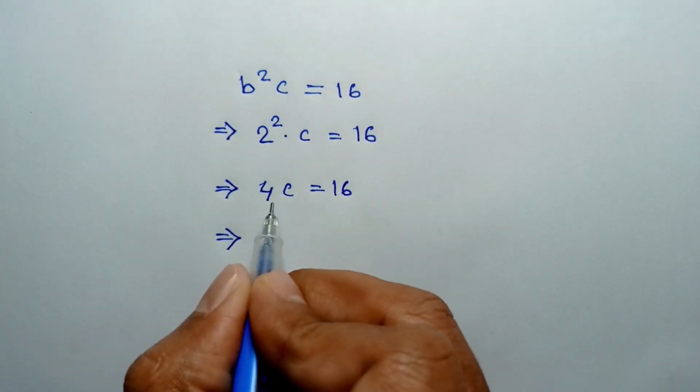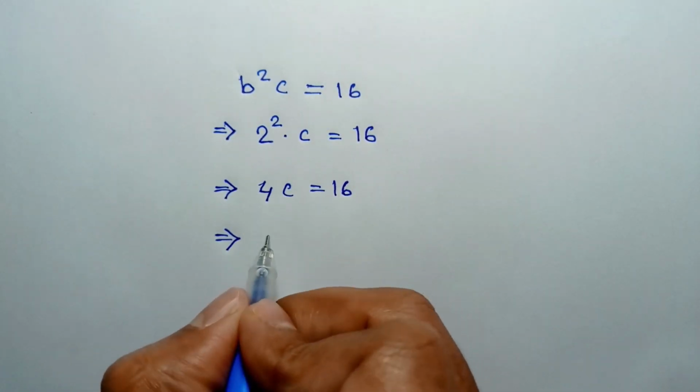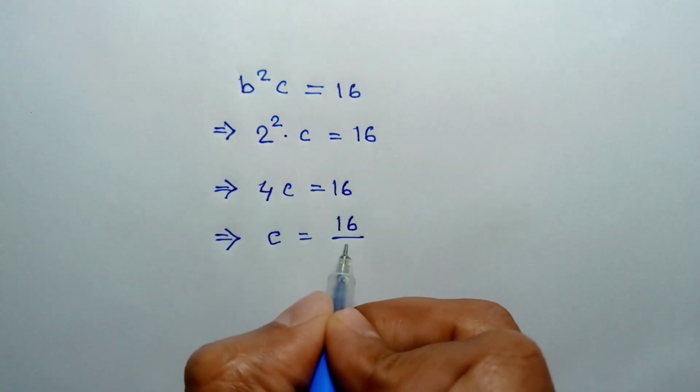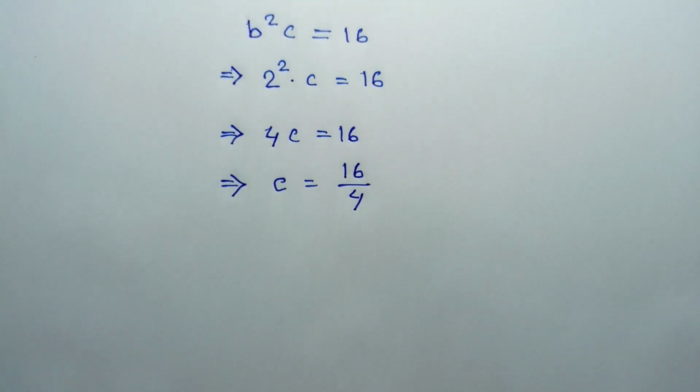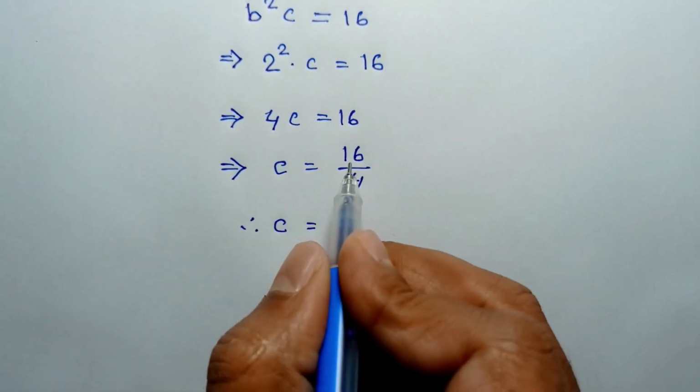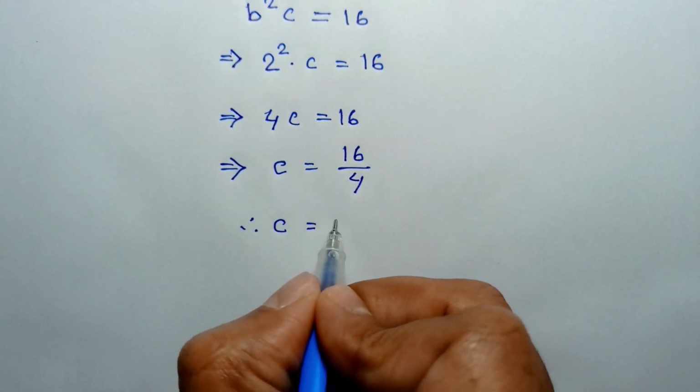Dividing both sides by 4, we can write c is equal to 16 over 4. So the value of c is 4.